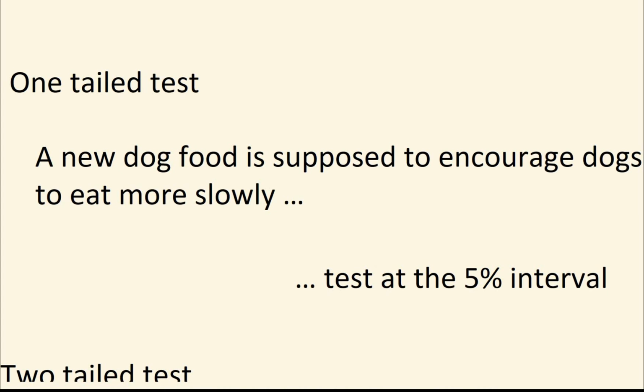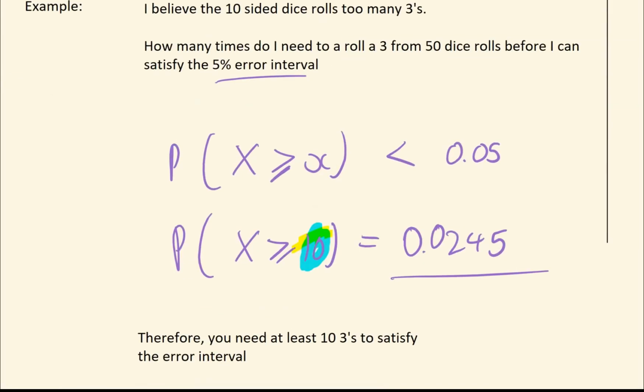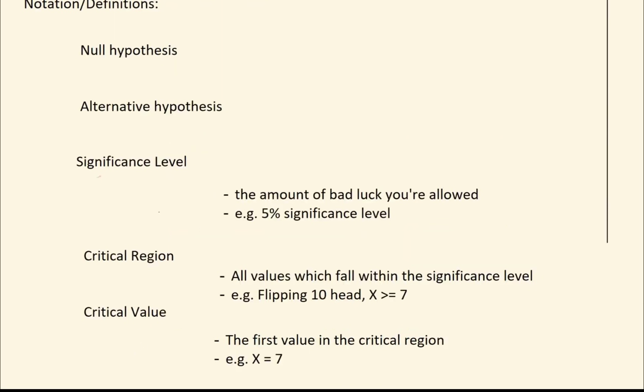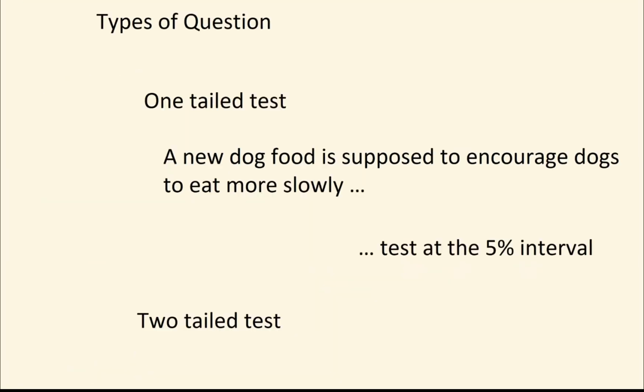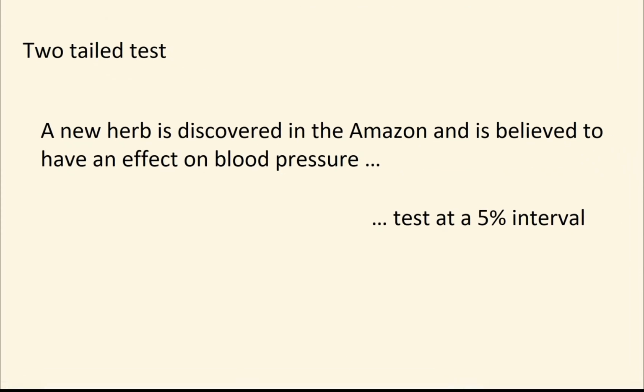So here, because we know we want them to eat more slowly, if they suddenly start eating a lot faster, we don't care. That's not part of this question. We're told what to expect. Again, going back to my previous example, I always told you whether we had too many or too few threes. That made it a one-tailed test. You were told what to expect. That is in contrast to a two-tailed test. So here, a new herb is discovered in the Amazon and is believed to have an effect on blood pressure.